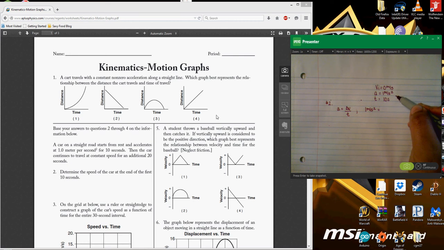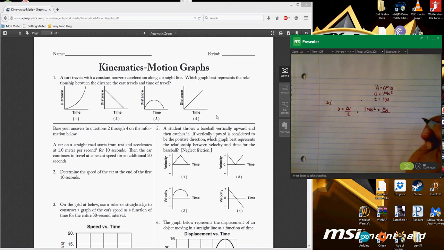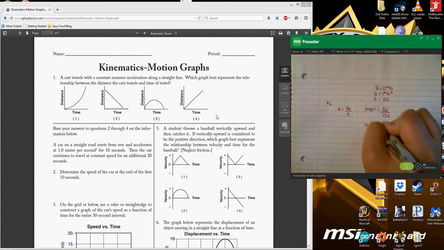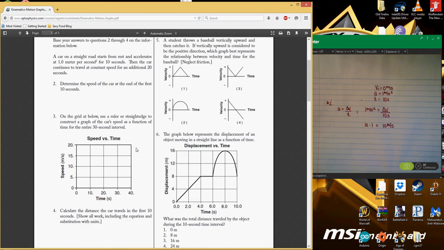Which also means that acceleration in this case is 1 meter per second squared, which is equal to the change in velocity, which is what we are looking for, divided by the time, which was over the 10 seconds. So really we're just doing 10 times 1, so our velocity is 10 meters per second.